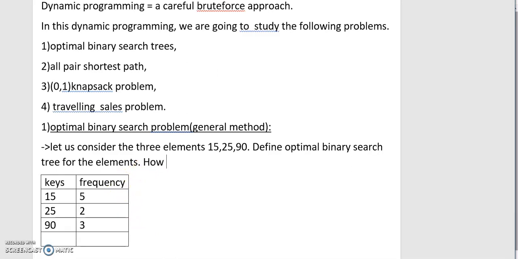How many binary search trees? Equal to 2n C n divided by n plus 1. This is the formula. By using this formula, we can get 5.